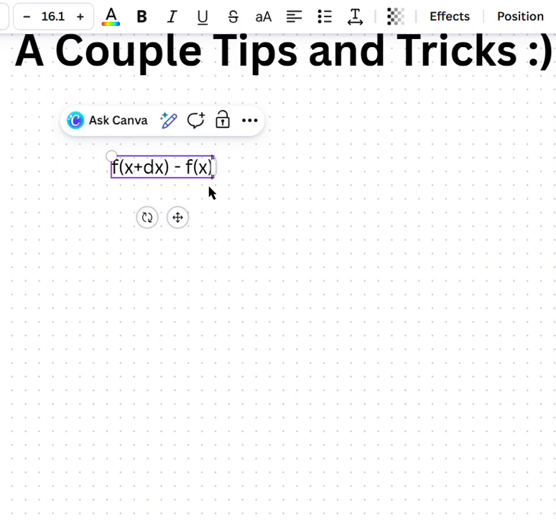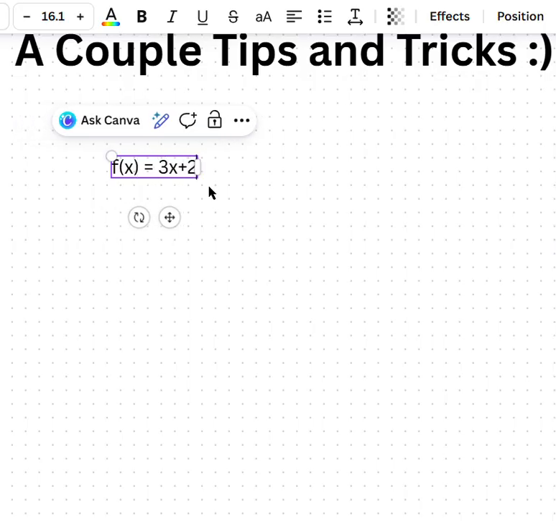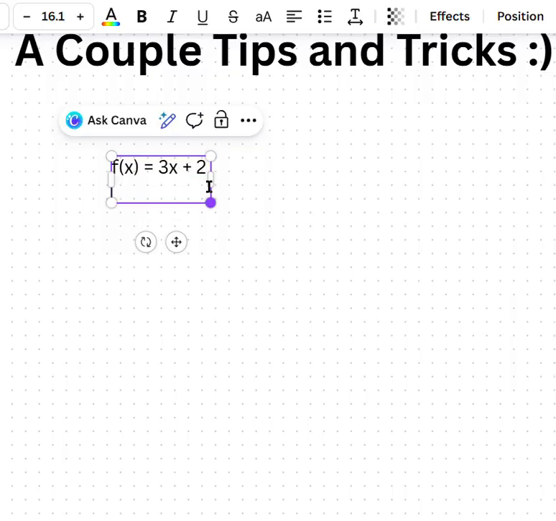So let's say our function f of x is equal to 3x plus 2. I think we did this example in part 2 of the series.